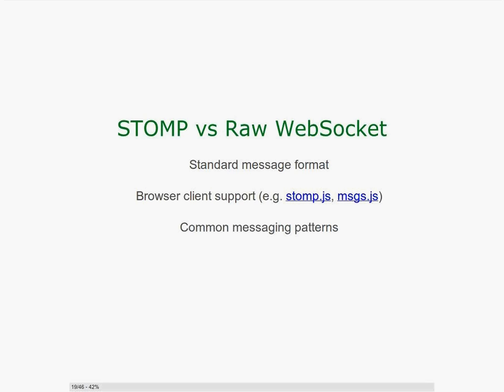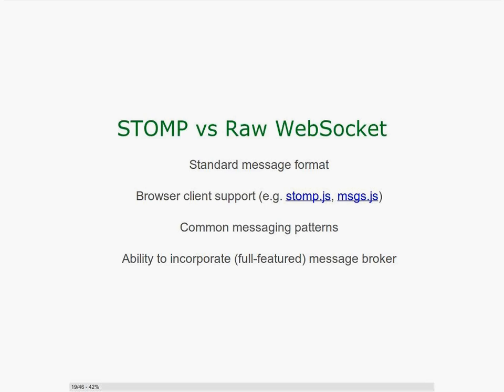We get common support for common messaging patterns. We don't have to reinvent the wheel here. We basically follow something that's been done for some time, and we can do things intelligently when we build WebSocket-style architectures, sort of building on the shoulders of giants. And we get the ability to incorporate a full-featured message broker in the backend.